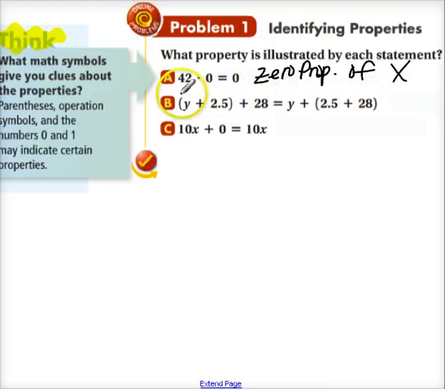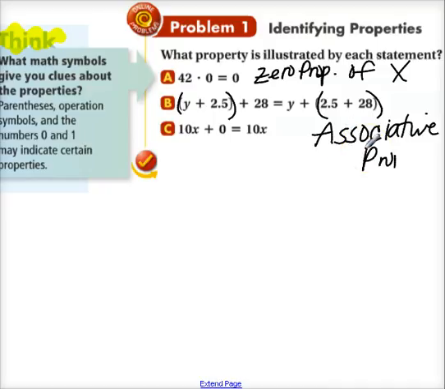Sounds the same, but notice that in the first one, y and 2.5 are grouped, and in the second one, 2.5 and 28 are grouped. Because the grouping changed, this is the associative property of addition. It's really important that you say, is it of addition or multiplication? And I know it's addition because we're adding.